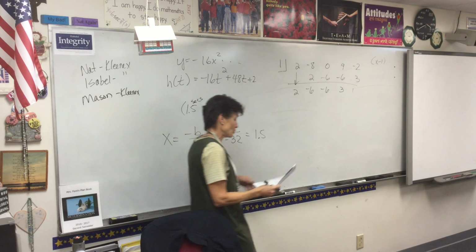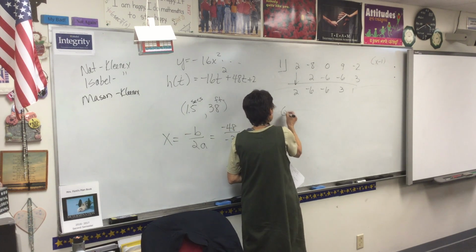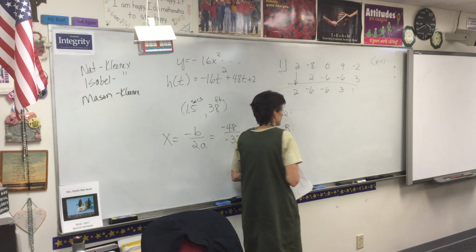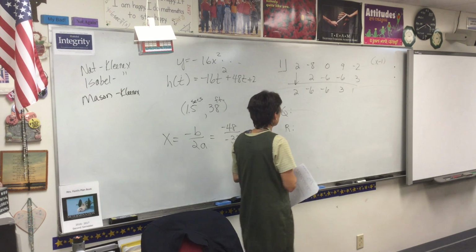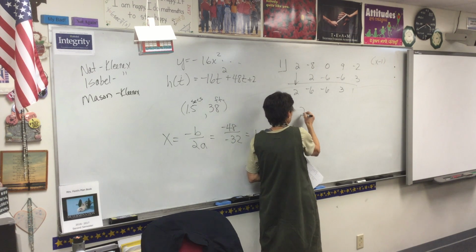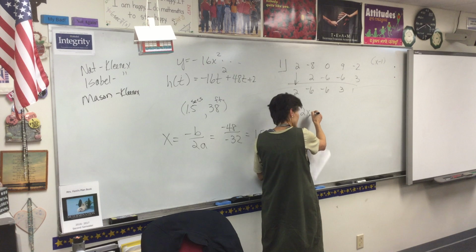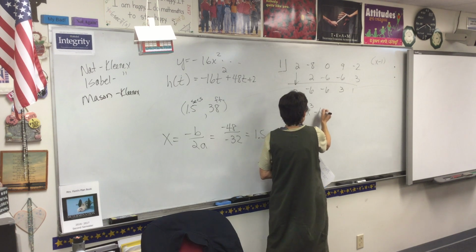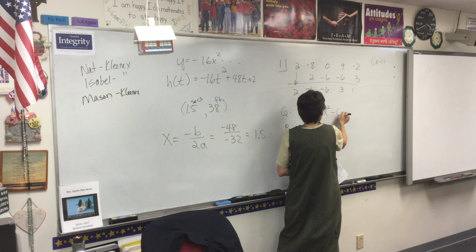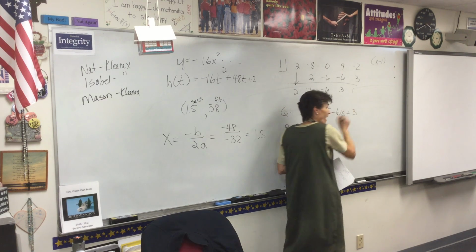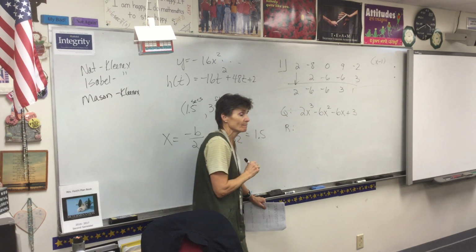Yeah. So then there's 2 answer blanks, there's a quotient answer blank and there's a remainder answer blank. In the quotient line, you're going to put 2x to the third minus 6x squared minus 6x plus 3, stop, that's the quotient.